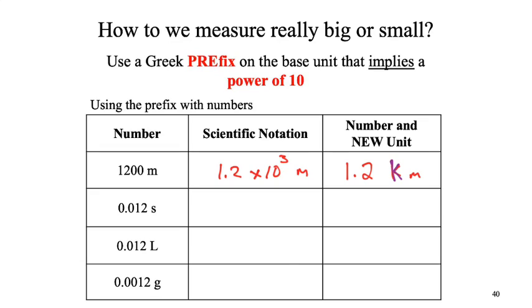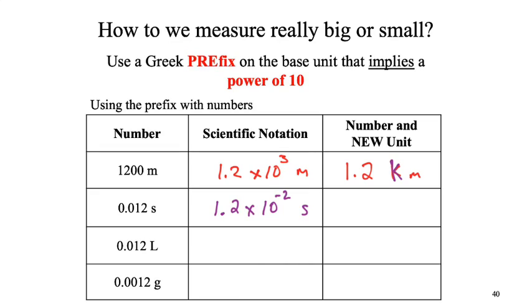Okay. What about the next one? 1.2. Why'd you make it -2? Because it's smaller. That number is a relatively small number, really smaller than 1. We're ignoring negative numbers.